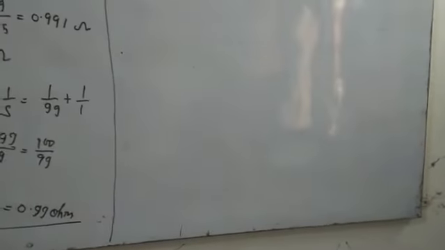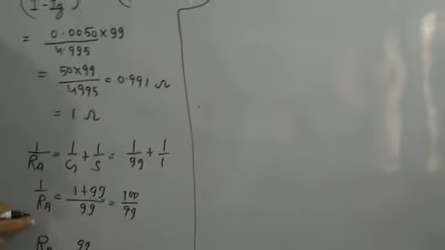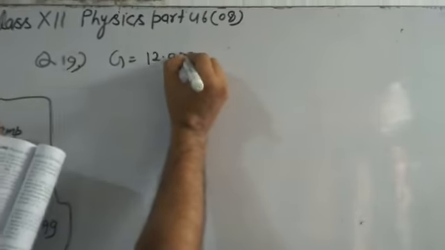Now question 19, not 13. Here a galvanometer has a coil of resistance 12 ohm, that is G equals 12.0 ohm.